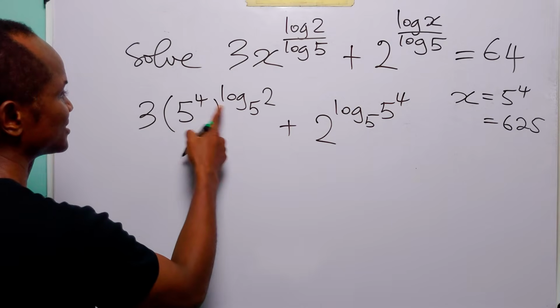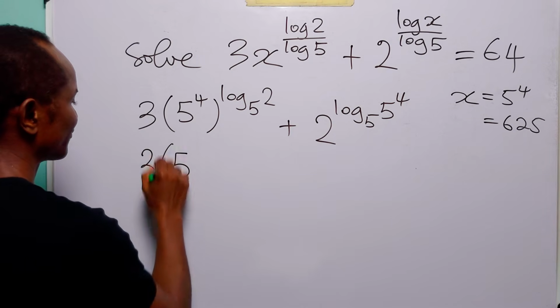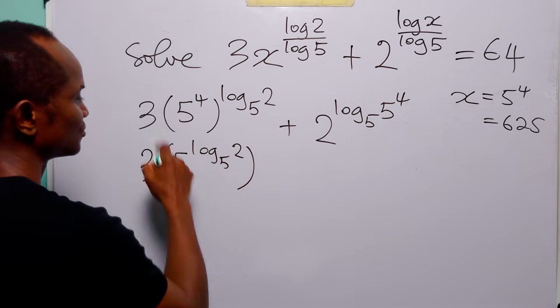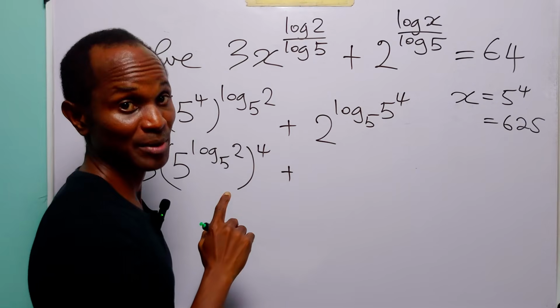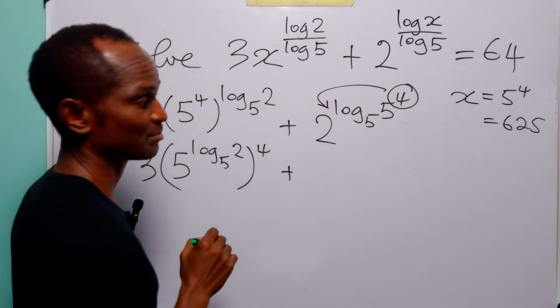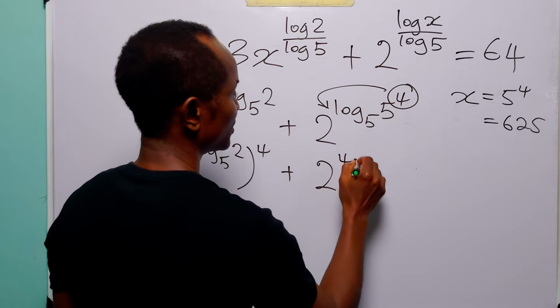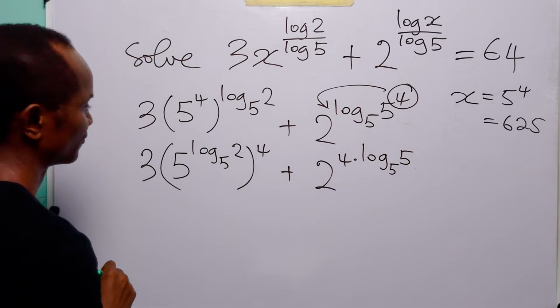Now we switch the places of these two powers. We have 3 times 5 to the power log base 5 of 2 to the power 4 plus, here we apply the power rule. We bring down this 4 to the front to become a multiplier. When we do that, we have 2 to the power 4 times log base 5 of 5.